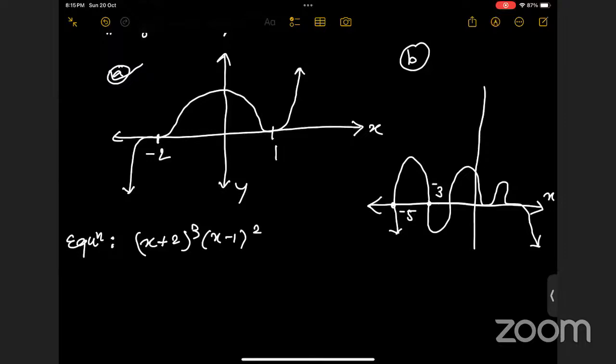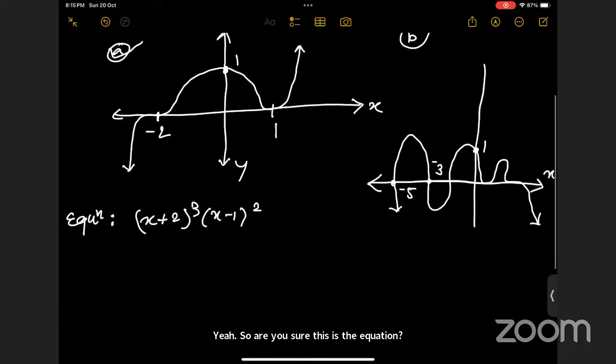Let us take the constant as 1. Are you sure this is the equation? Into the y-intercept, ma'am, that constant. So what will be the constant? Plus 1. Okay, plus 1 we have now.